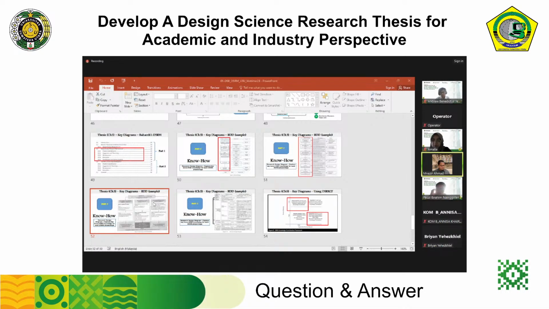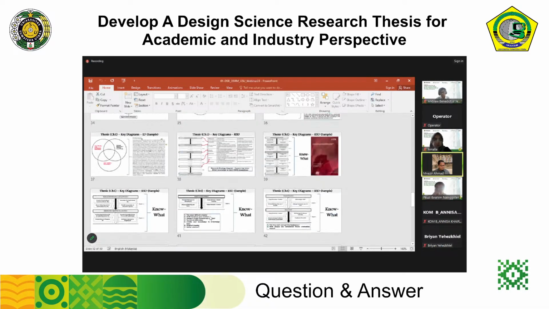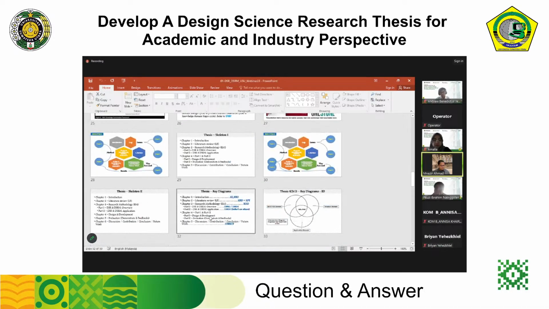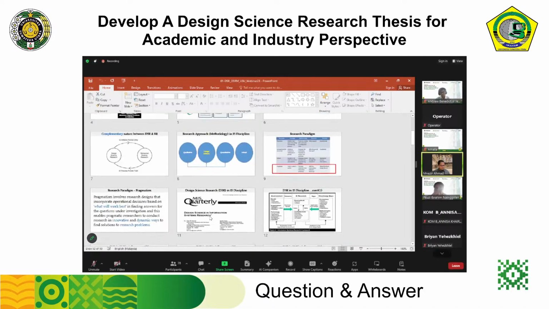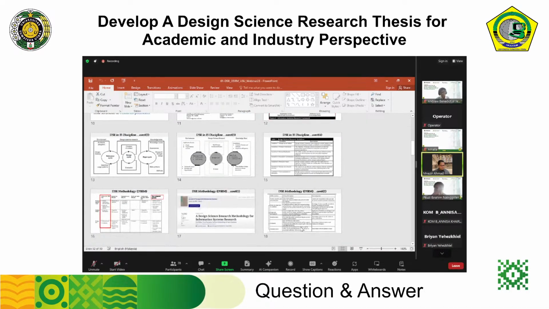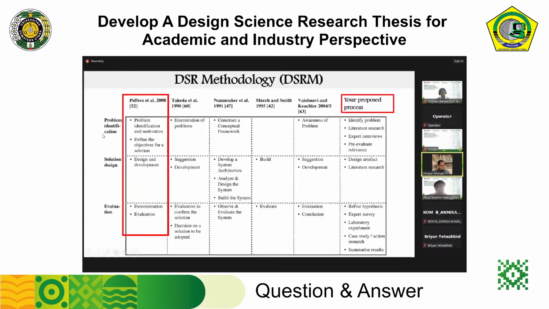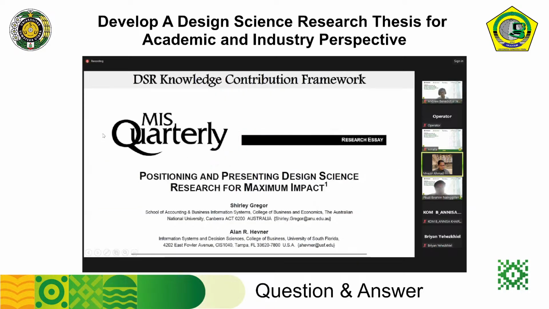All right. To answer this question, you talk about metrics. The metric normally we refer to the evaluation activities, the thesis evaluation, right? So in the design science, the thesis evaluation very simple. Normally we use this table 1 given by Hevner.